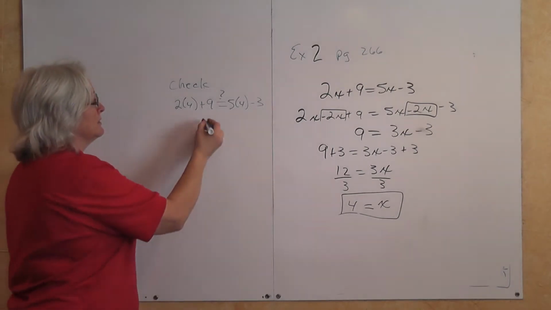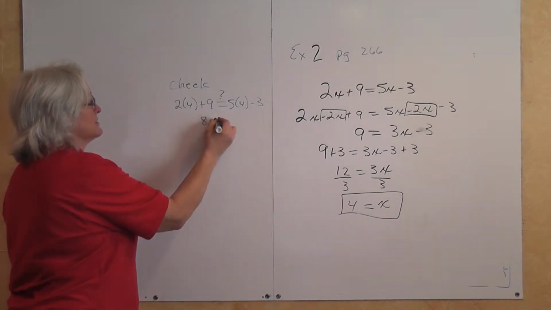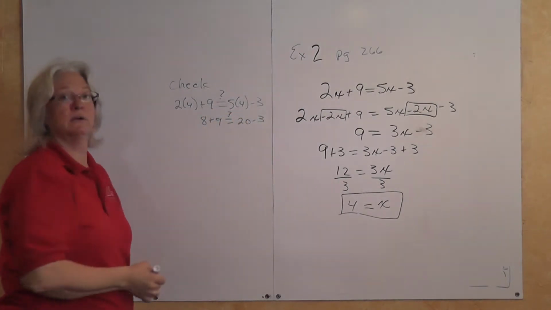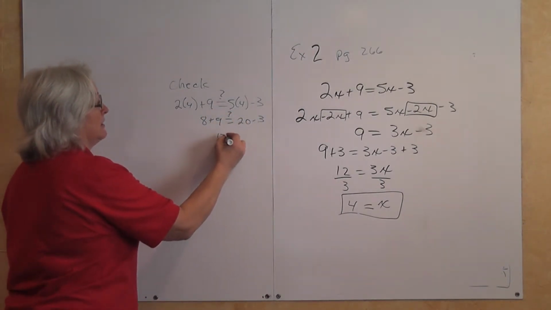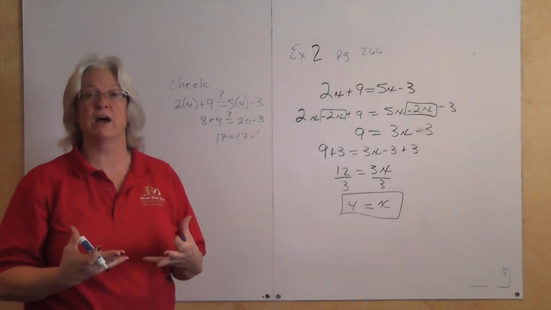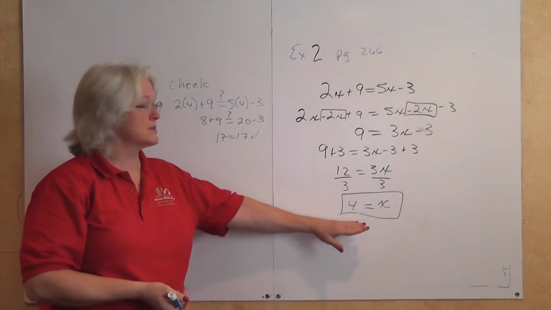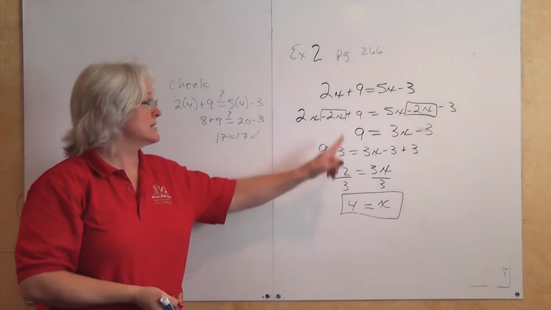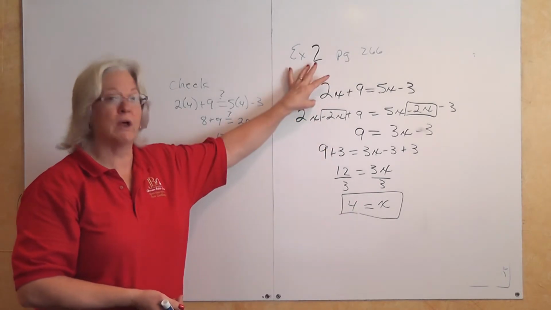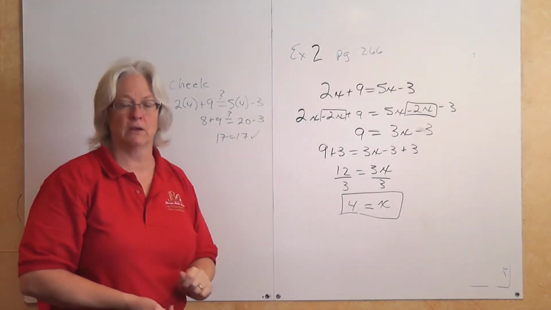Carry out your arithmetic. 2 times 4 is 8 plus 9. Is that equal to 20 minus 3? Yes, 17 is equal to 17. And we have checked or verified for ourselves that when we assign x a value of 4, we have a true solution. Okay?